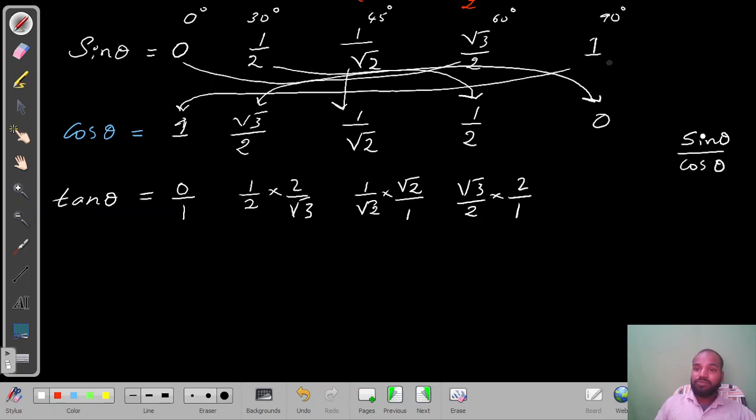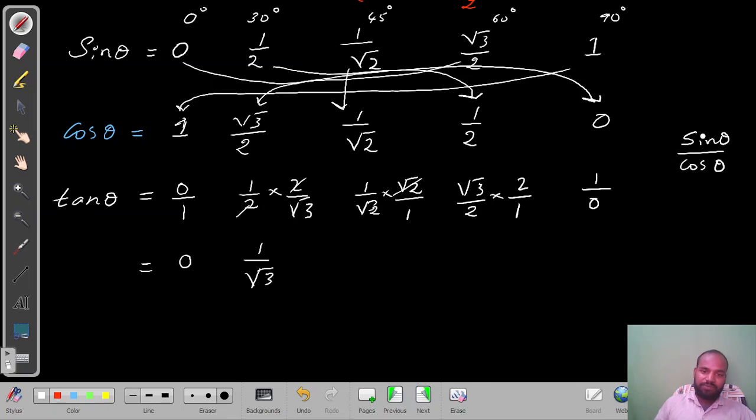Next, sine is 1, cos is 0, so 1 by 0. Now simplify this. 0 by 1 is 0. Next, the 2 gets cancelled, so tan 30 is 1 by root 3.